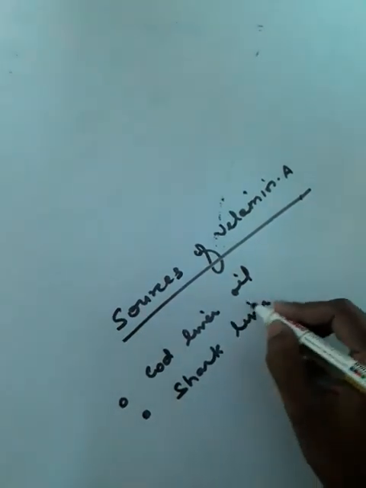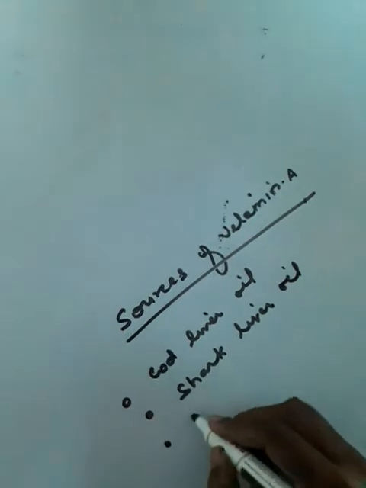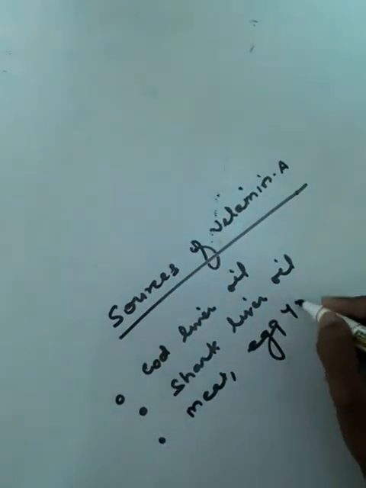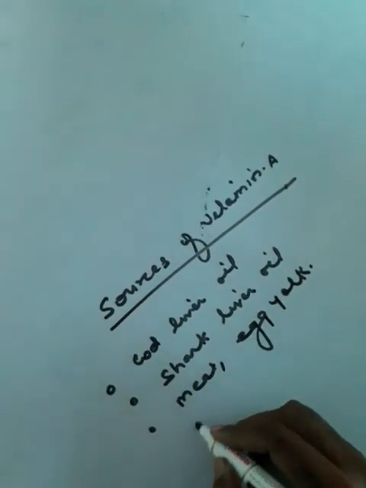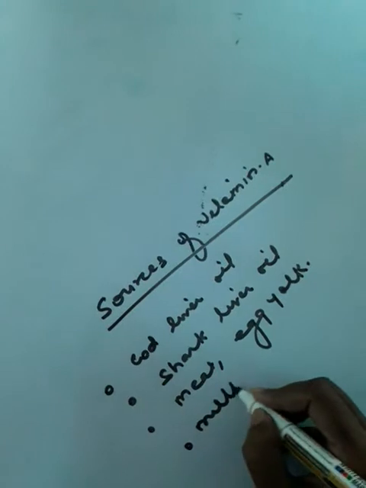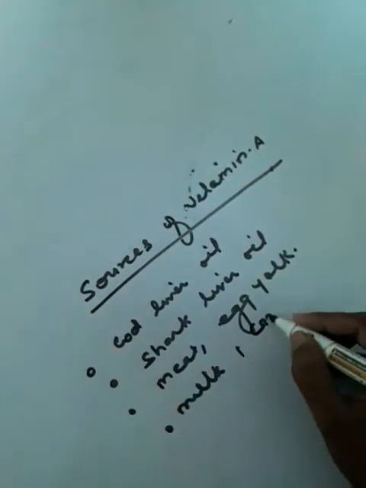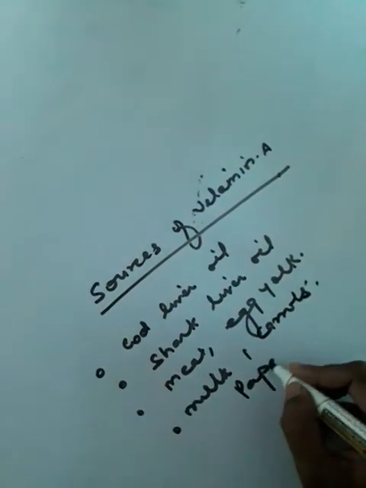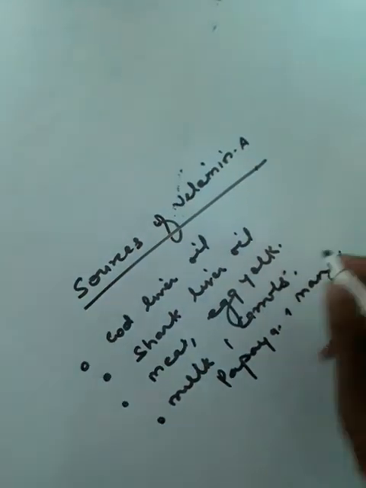It is the main source of vitamin A. And third is meat, egg, egg yolk, and milk. So these are the major sources of vitamin A. Okay, carrots, papaya, mango, etc. So these are the sources of vitamin A.